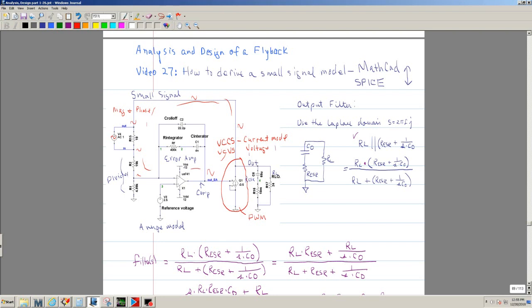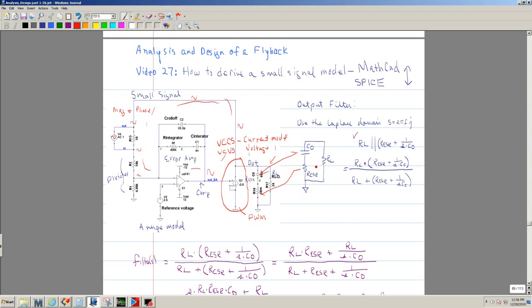So we have to start somewhere, and we're going to start with the output filter. The output filter is basically composed of this resistor, that's the ESR, your C out, which is your output capacitor, and then your load.